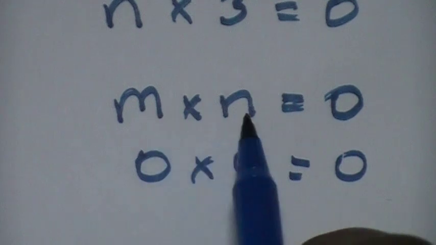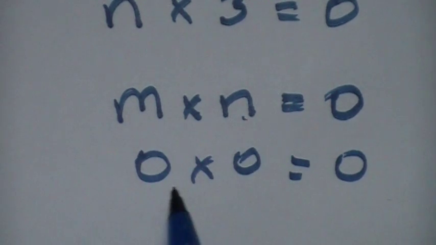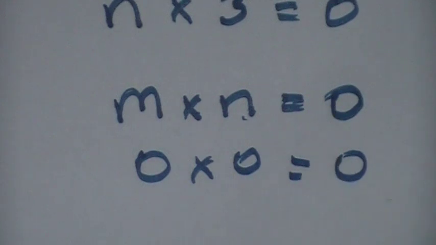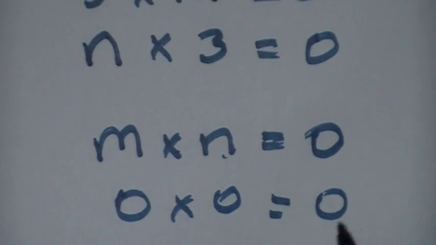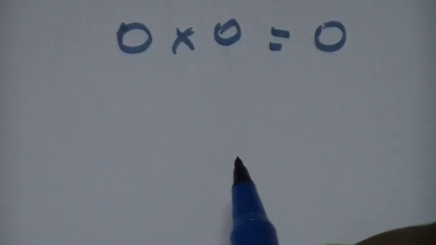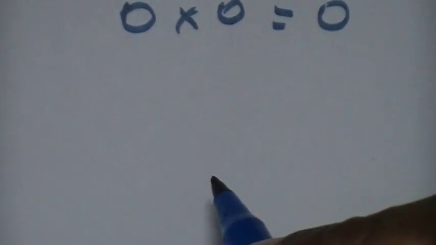So either one of them is 0 or both are zeros, and the product will be 0. Now this fact will help us to appreciate solving quadratic equations when we set it equal to 0.